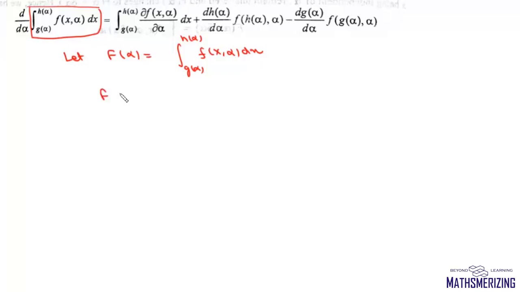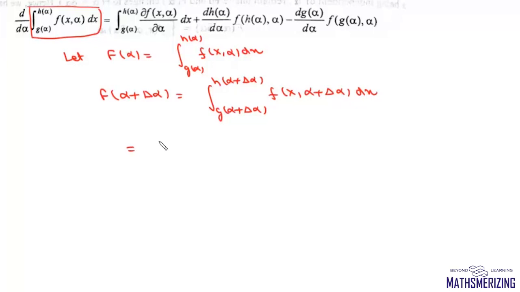Now we write F(alpha + delta alpha), where we have taken a small increment in alpha. We can write this as the integral from g(alpha + delta alpha) to h(alpha + delta alpha) of f(x, alpha + delta alpha) dx.